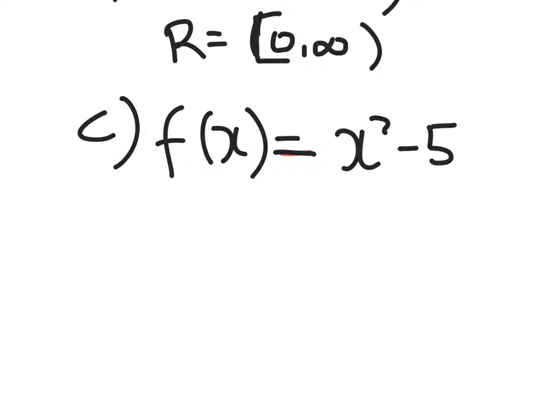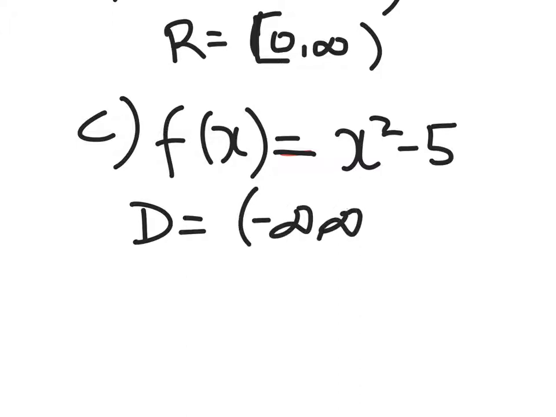Now look, again, you can square anything, which means you can put anything in. You'll square it, you get some value, and you subtract 5. So there's nothing there that we can't put in. Everything can be put in. So when you're thinking of domain, you have to think, is there anything that won't work with this function? So the domain here, I'm going to say, starts from negative infinity and goes to infinity. It can be anything.